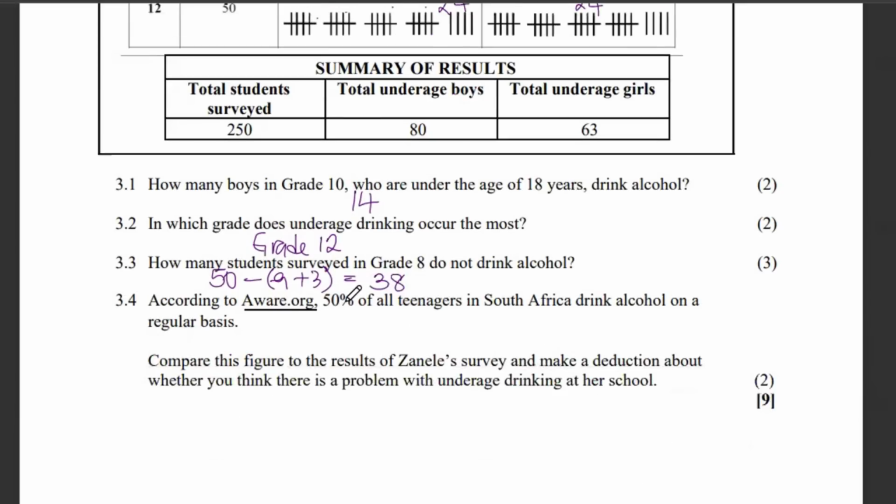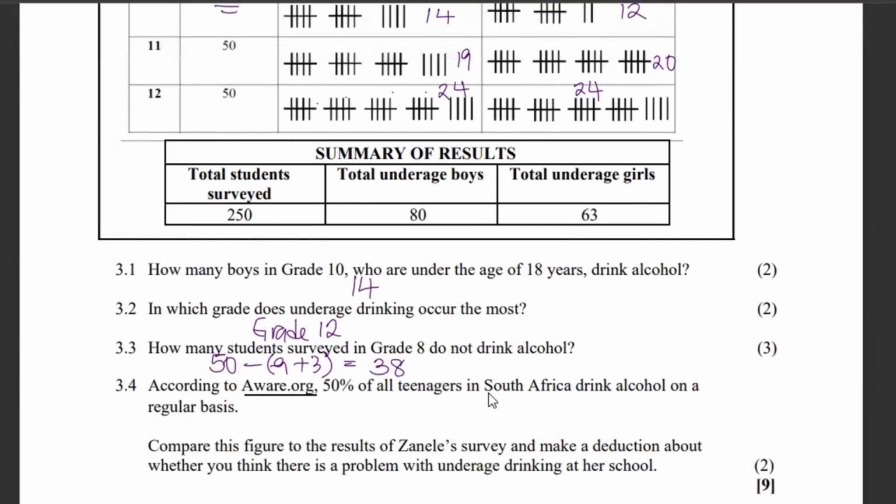According to the survey, 50% of the teenagers in South Africa drink alcohol on a regular basis. Compare the data. Out of the 250 that we have, we shall say 80 plus 63 over 250 times 100.